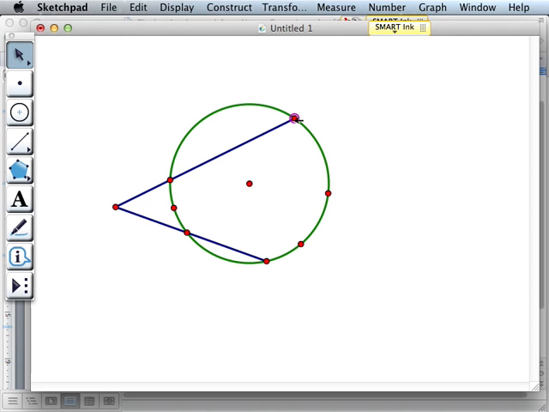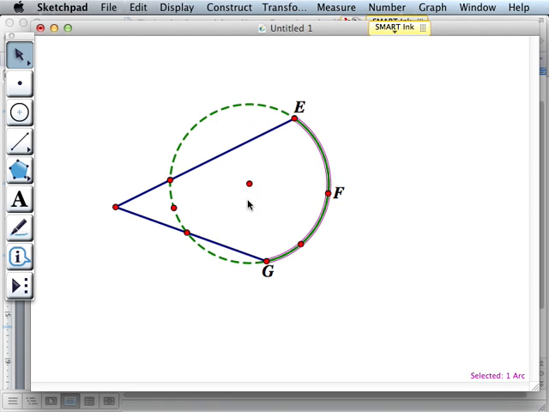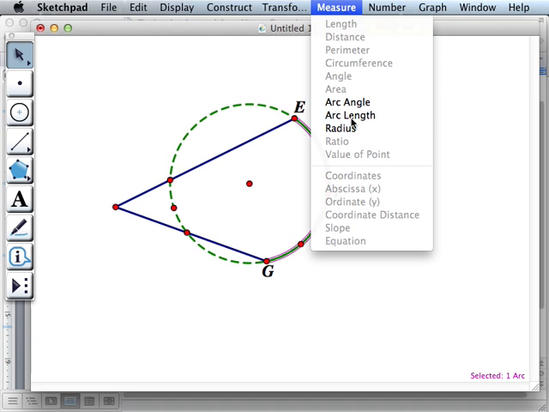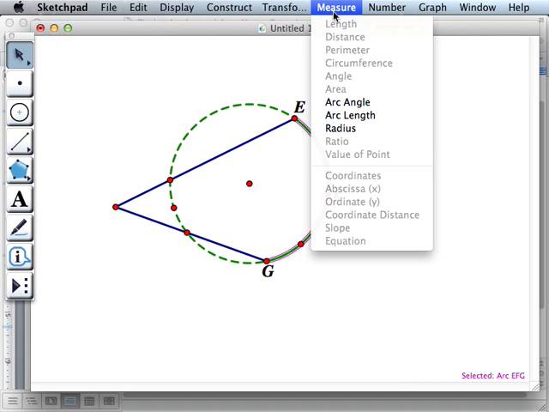Okay, so I want to measure this arc. This is the big arc. Measure angle. Oops, I don't want to measure angle. Undo, undo. I want to go construct arc, and then I want to measure arc. But not the length, I want to measure the angle, arc angle.